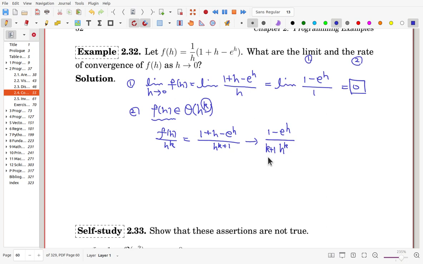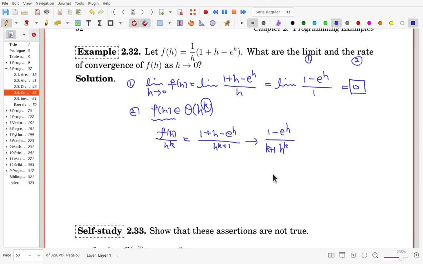Okay. Now for that one, once h approaches 0, then the top approaches 0, so we have to find the k as large as possible. Once it is approaching 0, then we can make the bottom approach 0. So that means that once k is an integer, then k doesn't have to be 0.